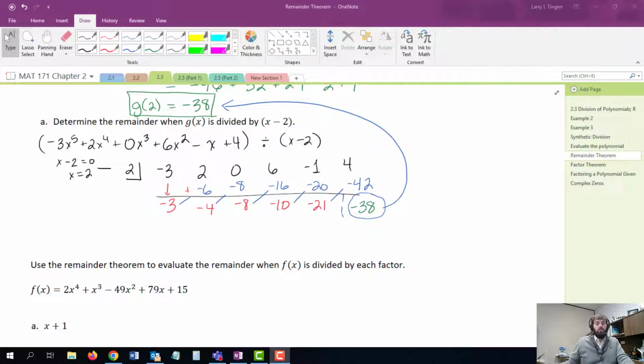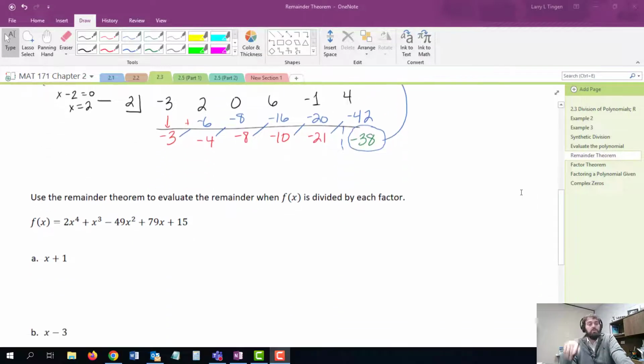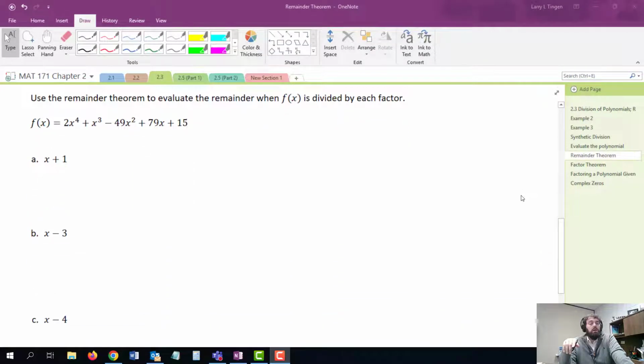All right, so finish that up. We've seen how the remainder theorem tackles evaluating polynomials. So we're going to use the remainder theorem and determine the remainder when f of x is divided by each factor. So I've just got one function here, and I'm going to be dividing it by all different factors.